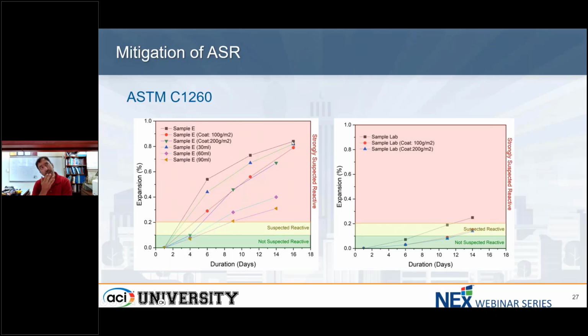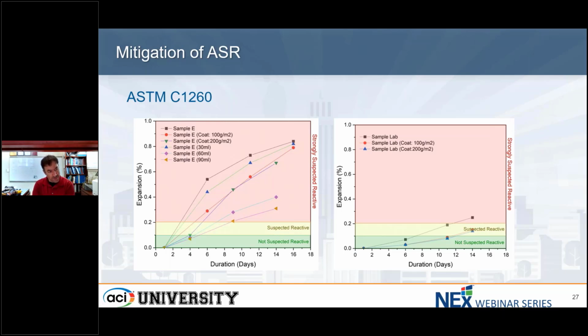Okay, so maybe this is not the super magic bullet, but it had a profound impact on the behavior of this known reactive sand. And then we look over here at our limestone sand, and we're like, what? Hold on, how is limestone suspected reactive?